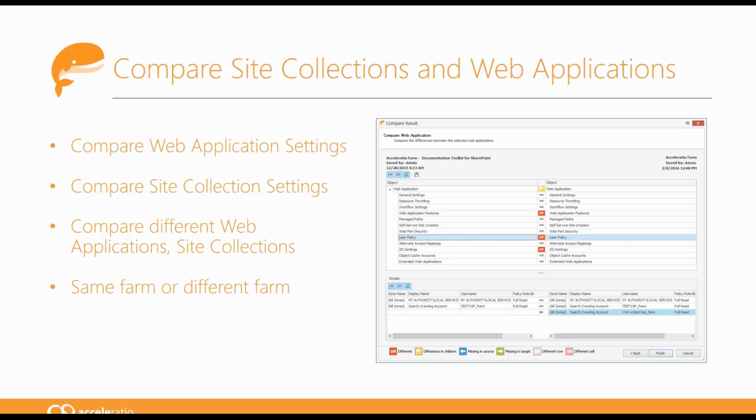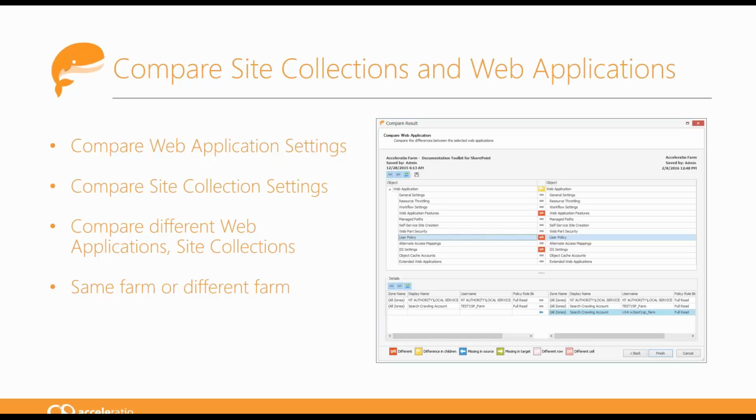And you can compare everything that I have already shown you, like web application settings and things like farm settings and security and stuff like that. We also offer you two more detailed compares in terms of settings. These two compares are a site collection compare and web application compare, where we allow you to compare settings on an individual web application or site collection level.